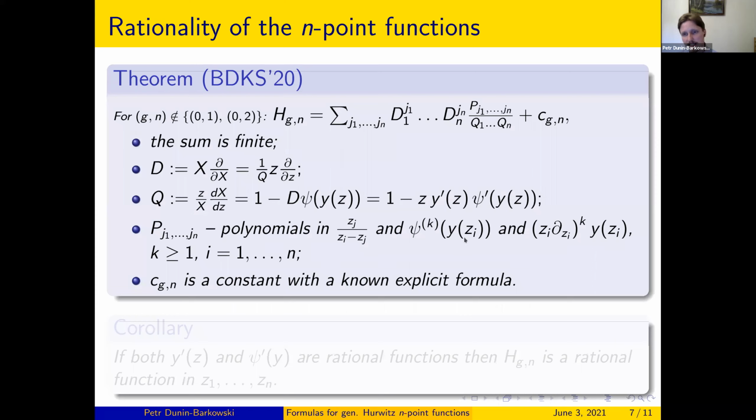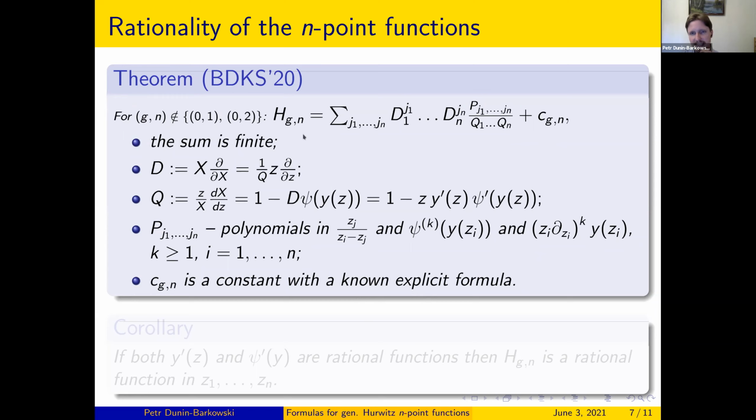So this is the theorem. Basically, the general situation is when g and n are not equal to 0,1 or 0,2, but for 0,1 and 0,2 we can also give explicit formulas. Just for brevity, I am not writing them here.